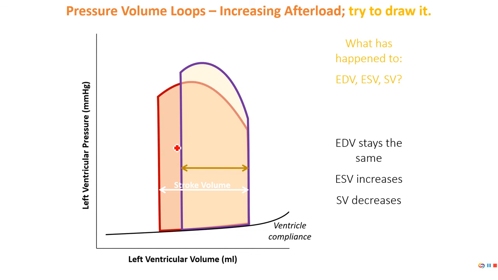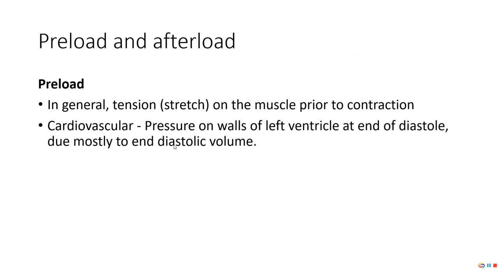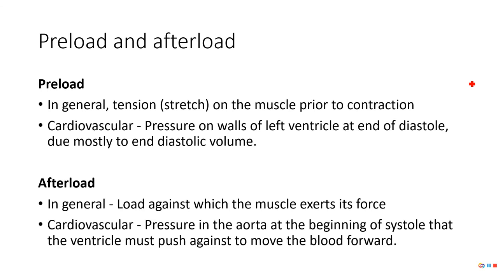So to summarize, preload is the stretch that's in the ventricle prior to contraction. In the cardiovascular system, we're talking about the ventricle. Okay, and so this is due to end diastolic volume, or the amount of blood in the ventricle before contraction. Afterload is the load that the muscle has to contract against to do its thing.